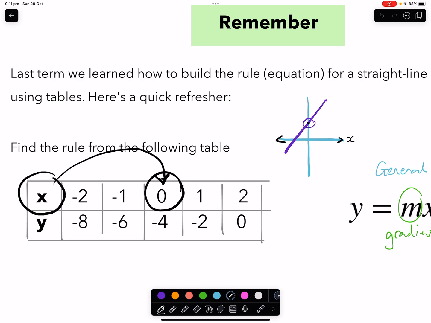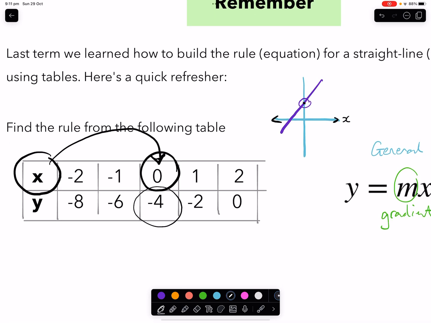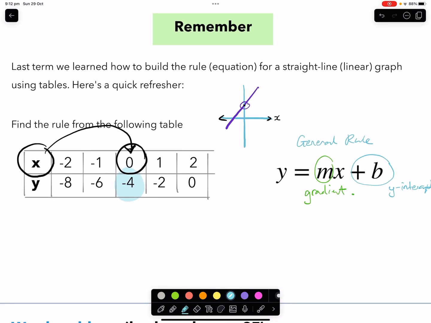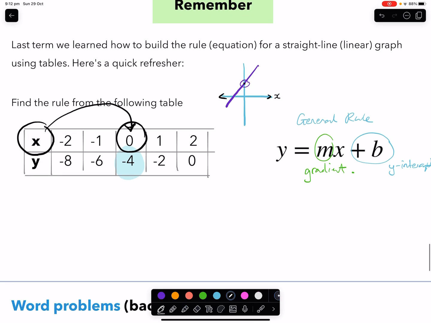And the table tells me that the y position is at -4. That right there, -4 is going to be my y-intercept. So I can just put that in. So y equals something x -4. It's actually going to be a takeaway 4, so it's the same idea.